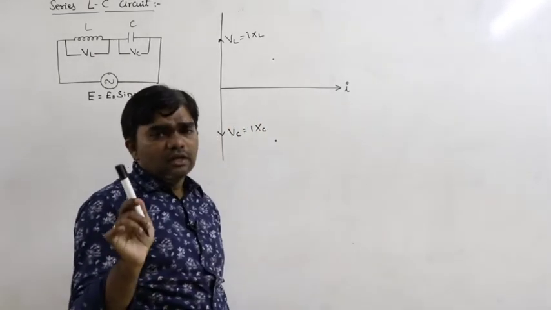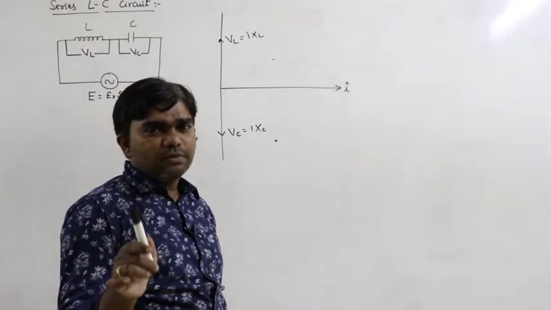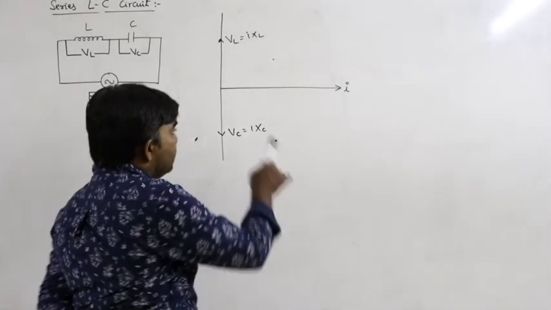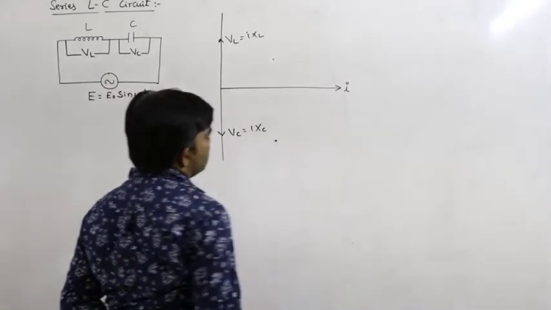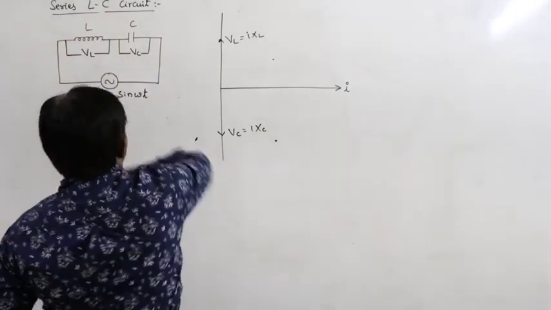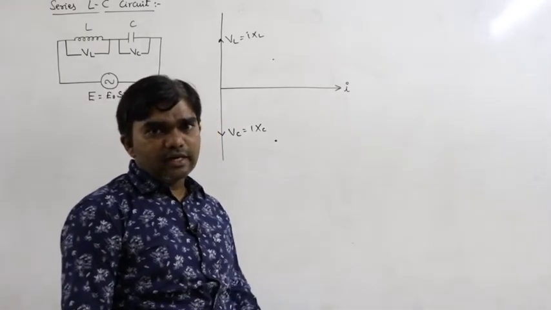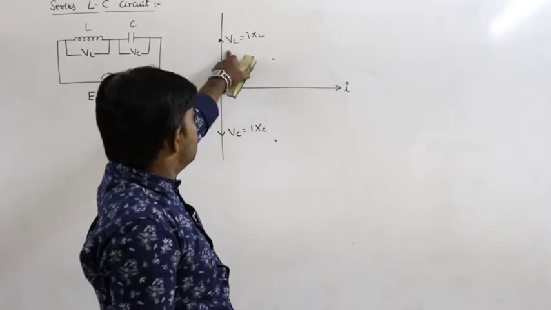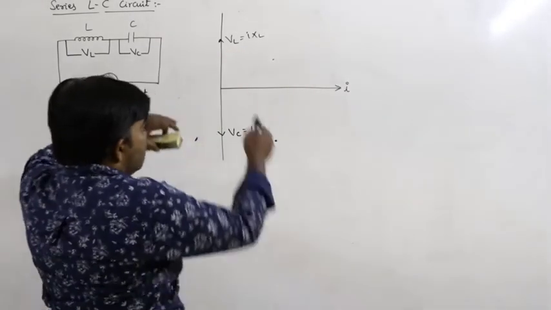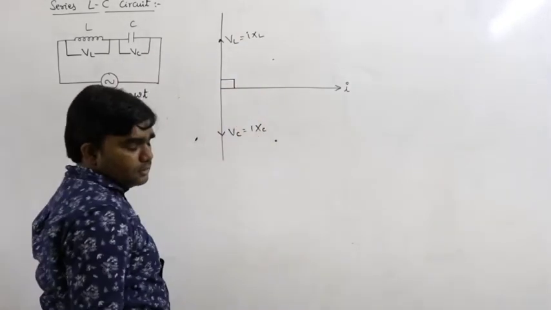A phasor diagram represents the phase difference between the alternating current and EMF. Here along the x-axis I am considering the current. So in case of pure inductive circuit, EMF leads the current by an angle 90 degrees. So that's why potential must be represented along the positive y-axis.